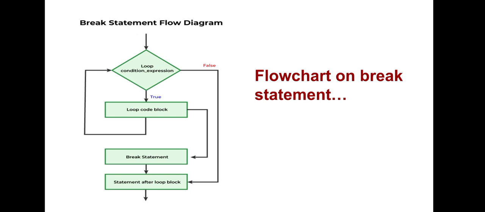But if within the block of code inside the loop there is a break statement, then even though the condition is true, once the break statement is reached, the compiler breaks out of the statements defined within the looping block and goes to the next statement in the program.